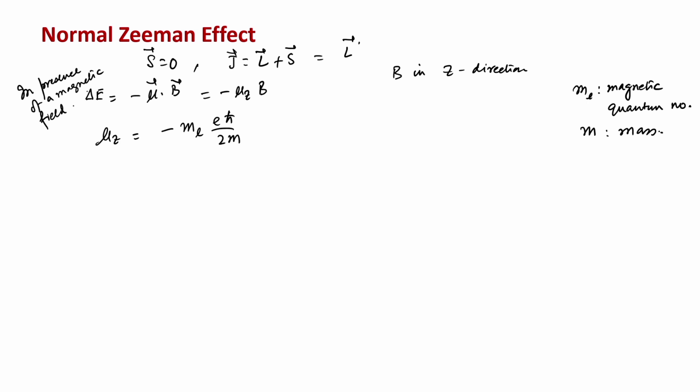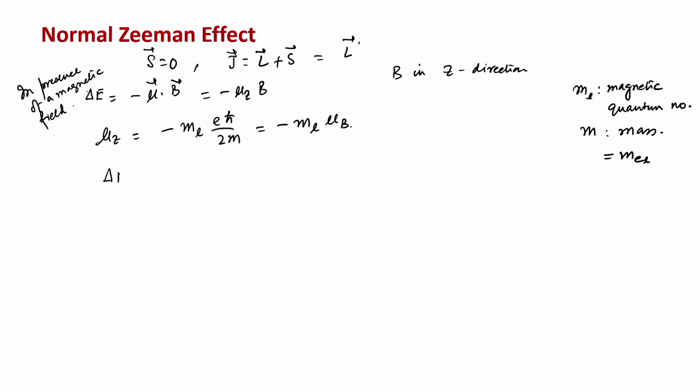If it helps, write m as the mass of the electron, m sub e or something, or simply write it as m, but make sure you know that the denominator involves the mass of the electron. Okay. So, this is equal to nothing but minus ml mu B, that is the Bohr magneton.